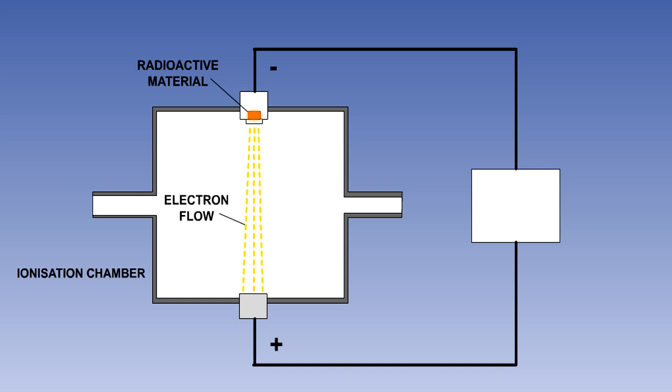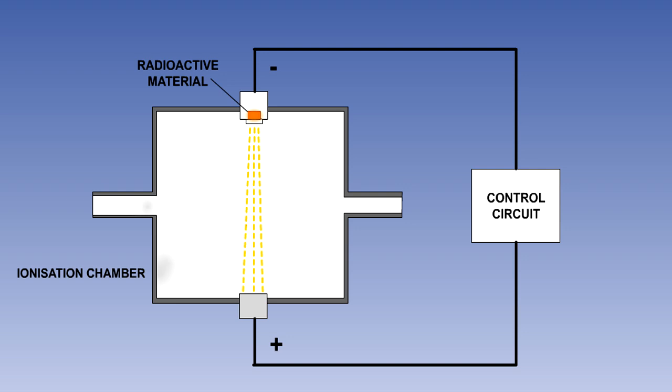The negative electron is attracted to the plate with a positive voltage, and the positive atom, which is known as an ion, is attracted to the plate with a negative voltage. Opposites attract, just like with magnets. The control circuit senses the small amount of electrical current that these electrons and ions moving towards the plates represent.